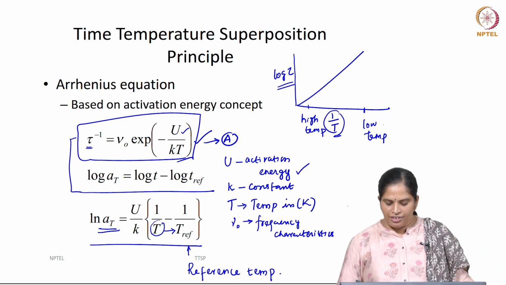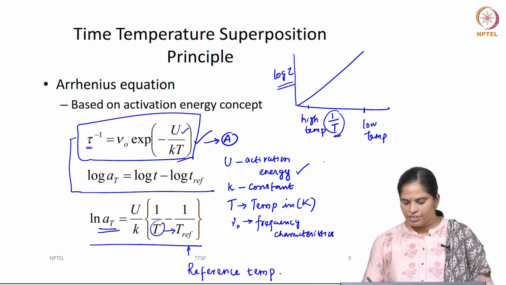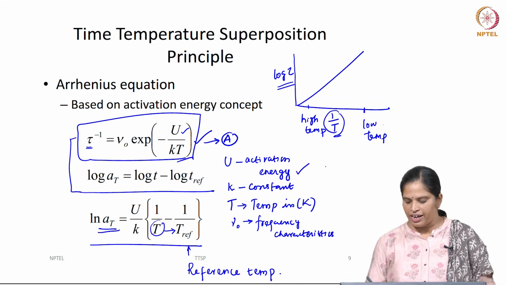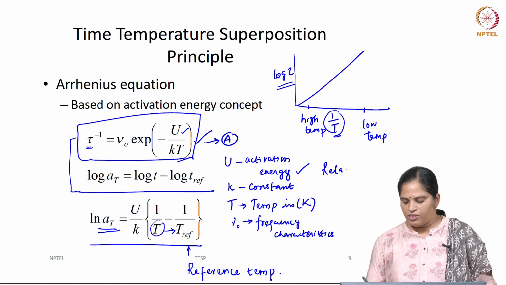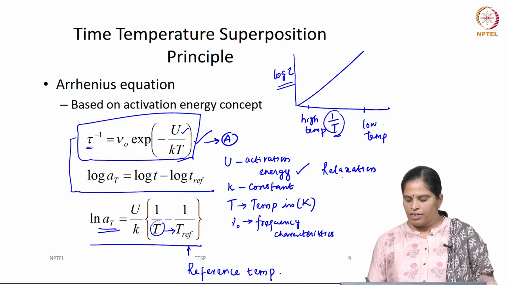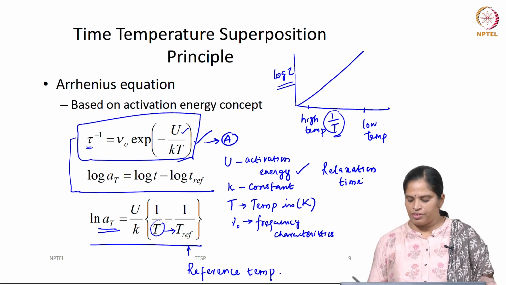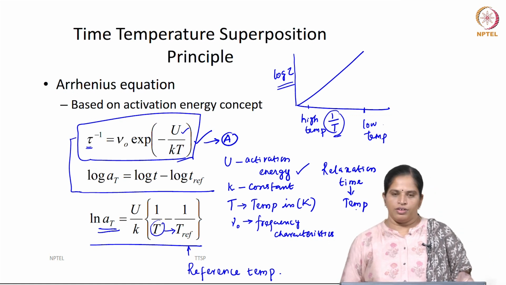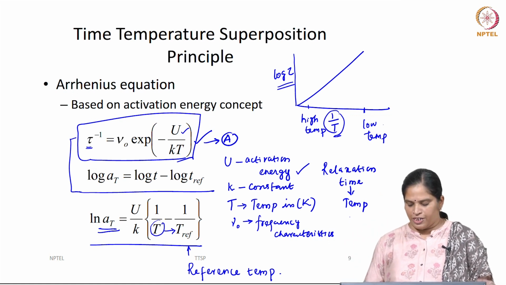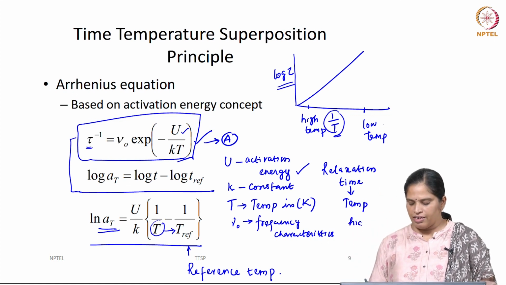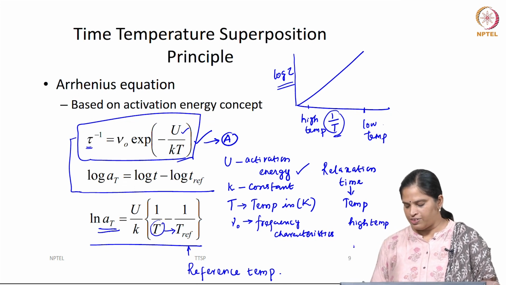We know that the relaxation time, if we assume this tau to be a relaxation time, depends on temperature. Let us quantify in a relative way what happens at high and low temperature.